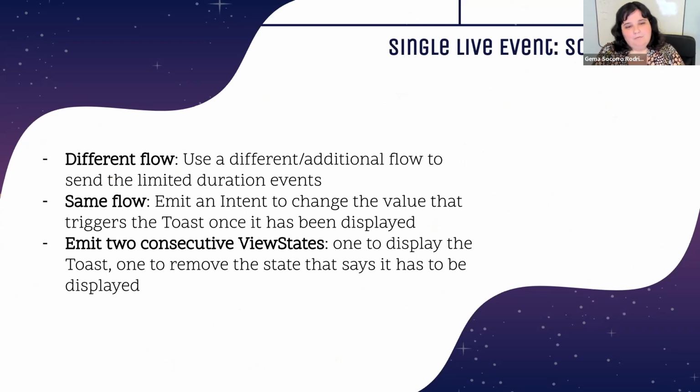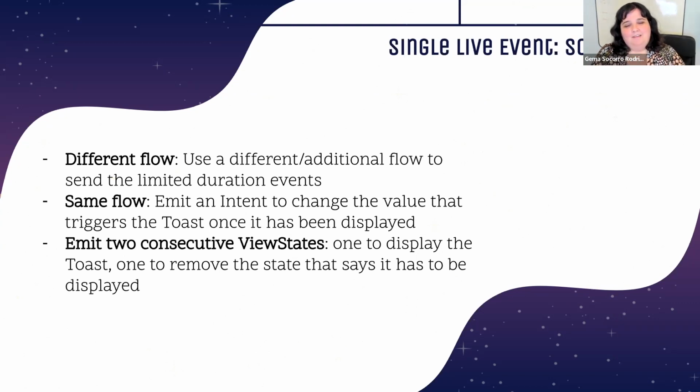The problem with this approach is that it will do all the flow of the MVI just for hiding a toast. And then you have the option to emit two consecutive view states. This breaks in some way the unidirectional data flow, but it works.